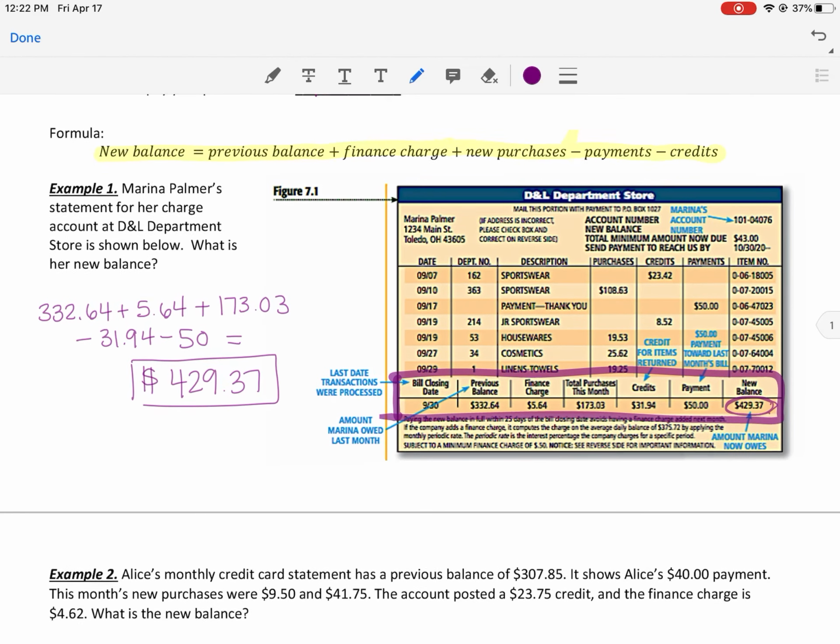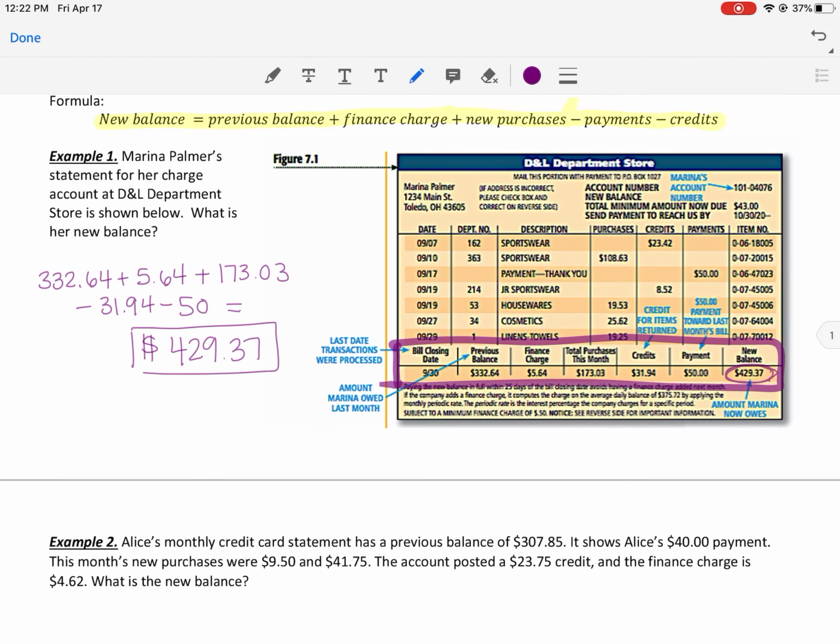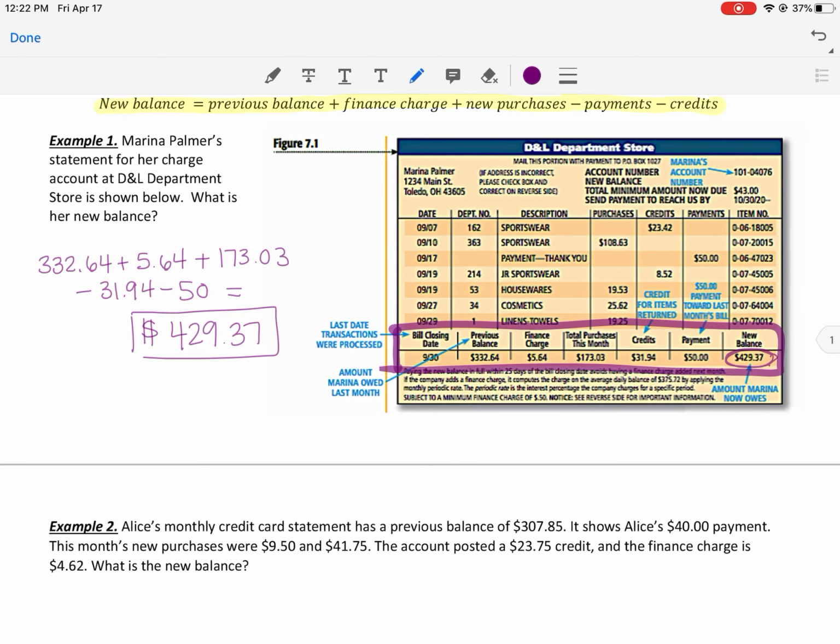Okay, on this next one, I didn't give you the answer, so we're going to have to figure it out. Alice's monthly credit card statement has a previous balance of $307.85, and she made a $40 payment. This month's new purchases were $9.50 and $41.75, and the account posted a $23.75 credit, and the finance charge is $4.62.